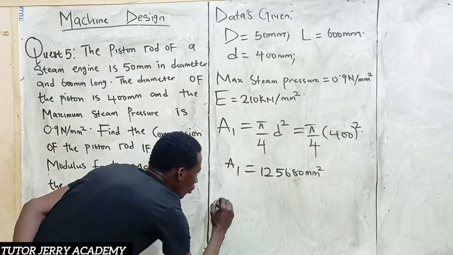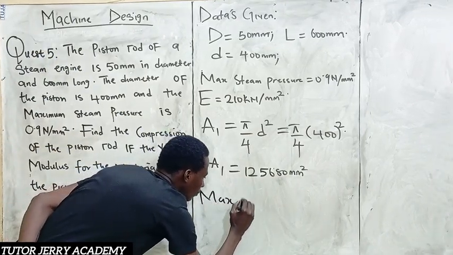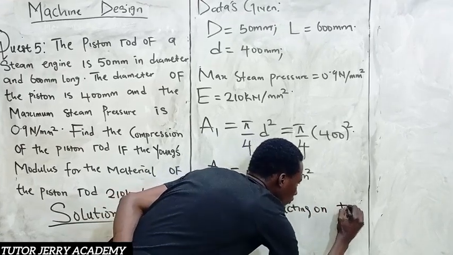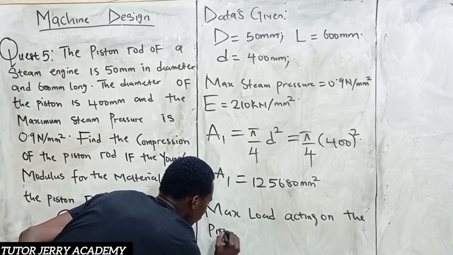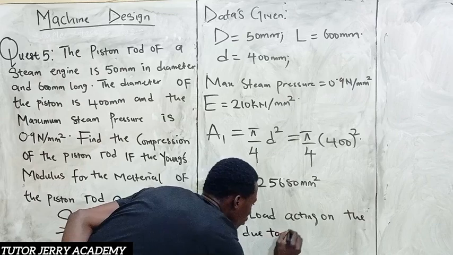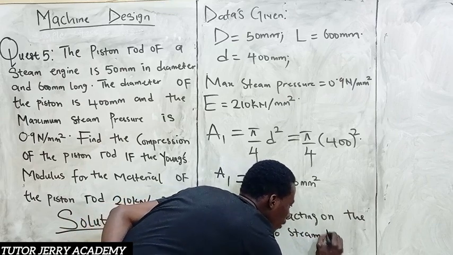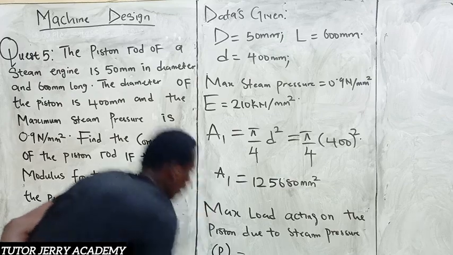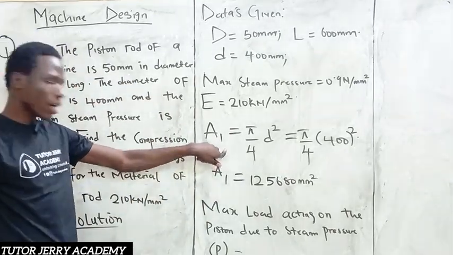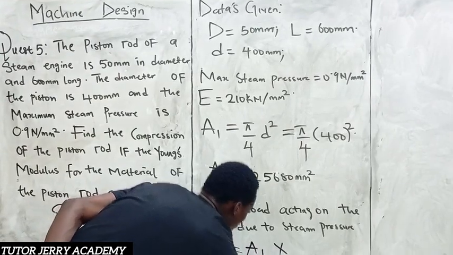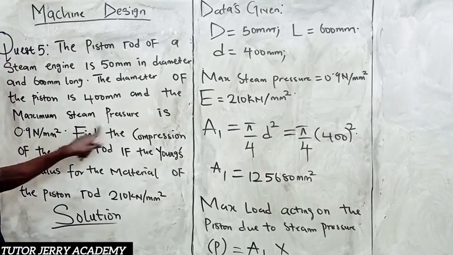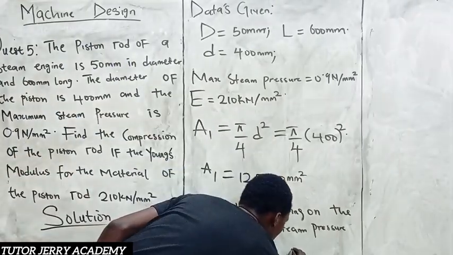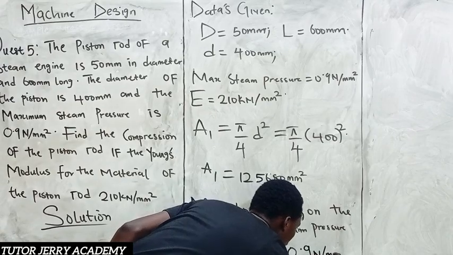So our maximum load acting on the piston due to steam pressure, we can denote it by P. We can say it will be equal to our area, which is A1, multiplied by our maximum steam pressure, which is 0.9 Newton per millimeter square.